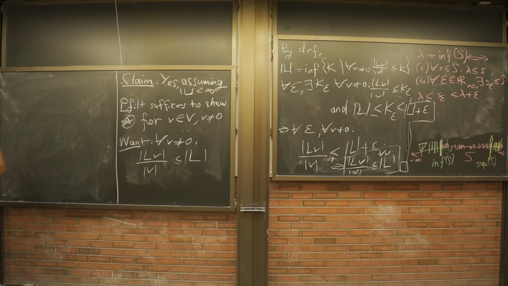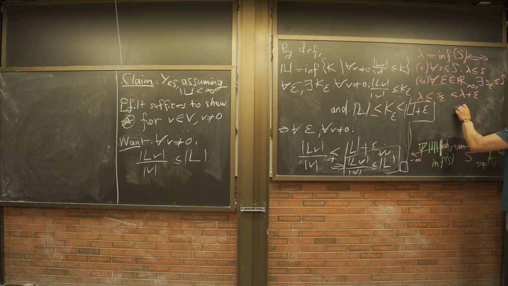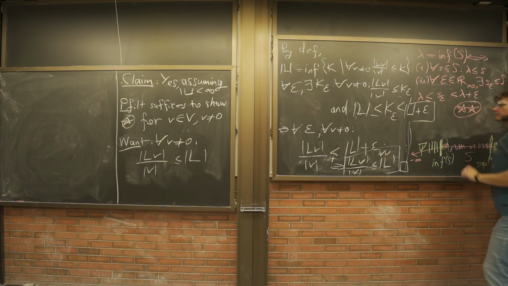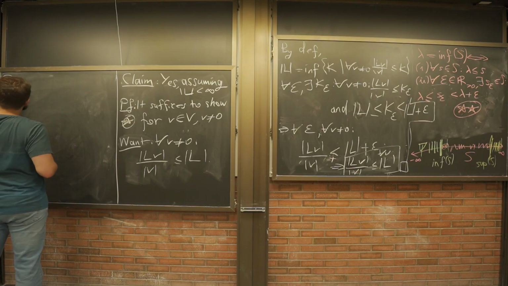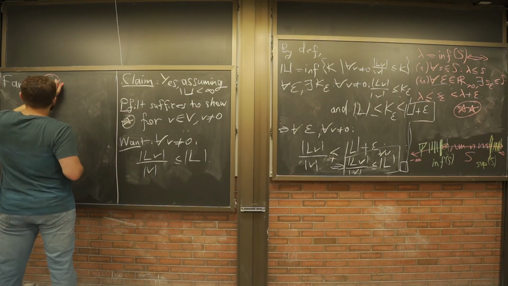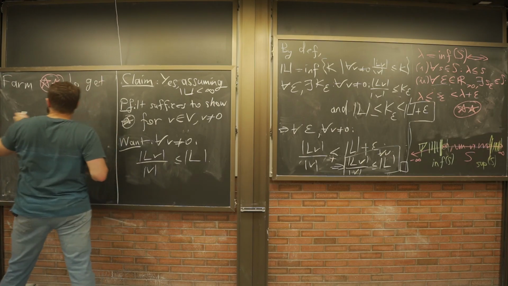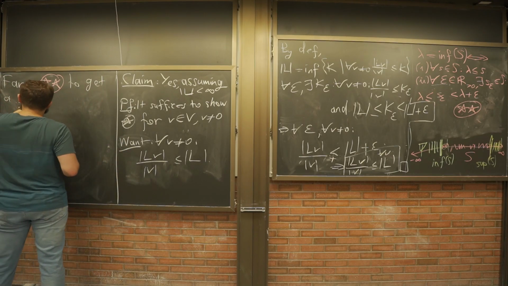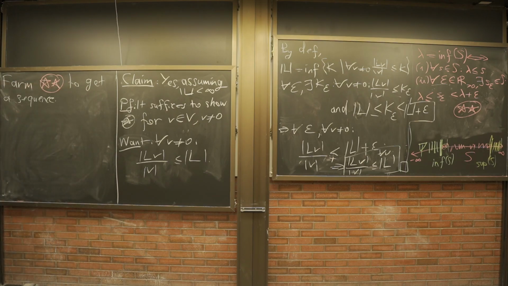So how to take, let's say, double star to get a sequence? If I can get a sequence that hopefully is decreasing, then certainly I can take the limits.